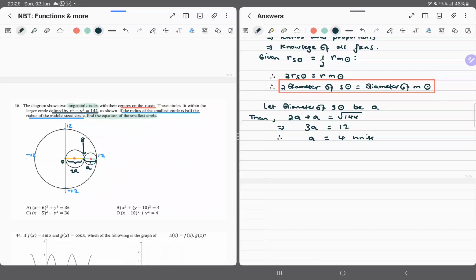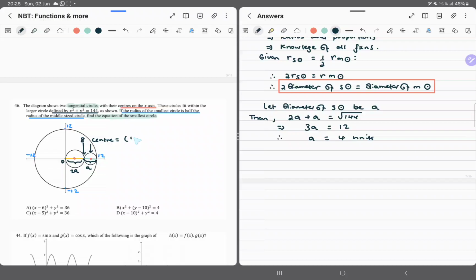So now we need to find the center of the small circle. Remember this is the diameter, so it's going to be the average.